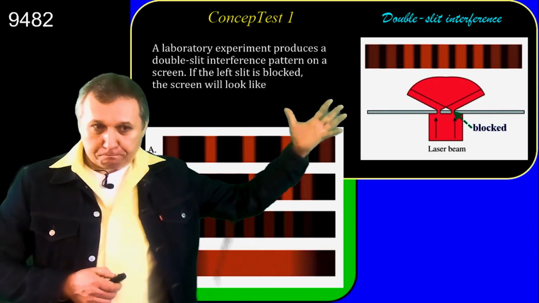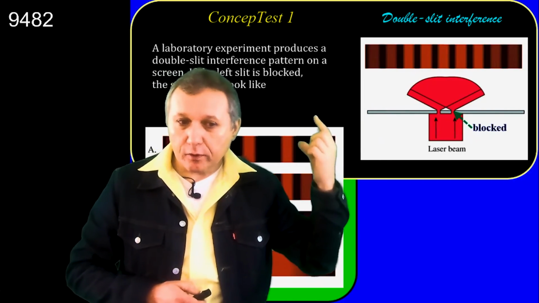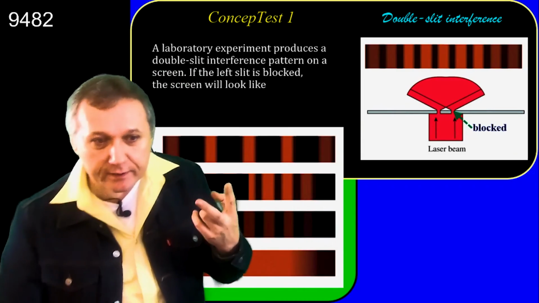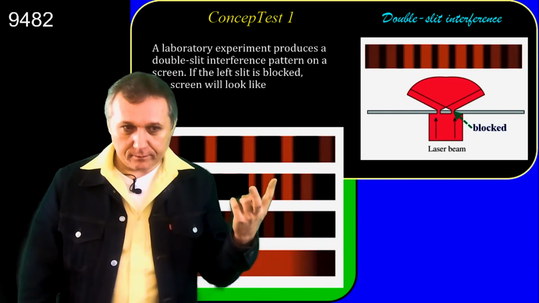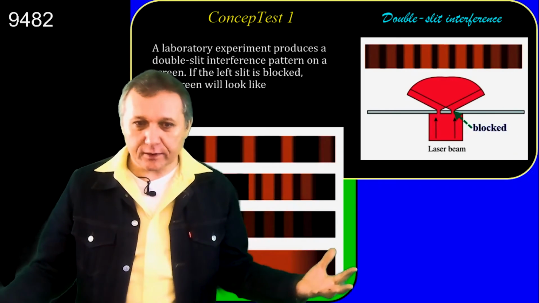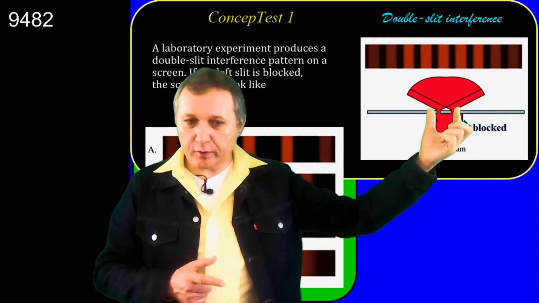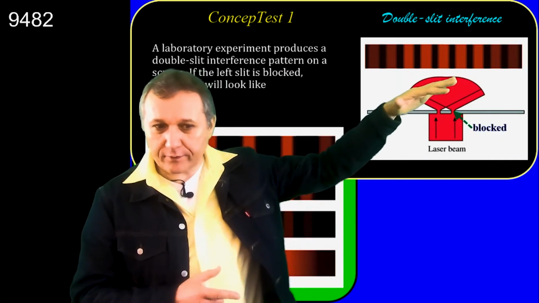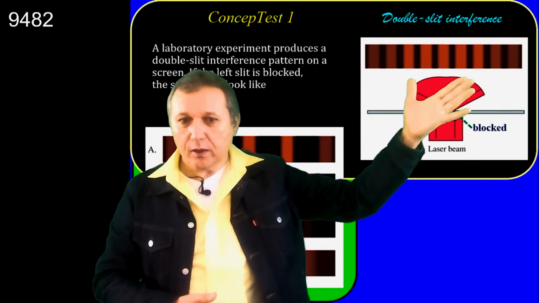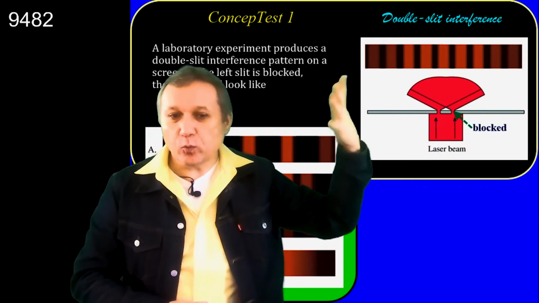Look, we see this interference pattern because of interference. Interference is possible only when you have at least two waves. Of course, you can have interference with more than two waves, but at least two. When you have two slits open, you have two circular waves overlapping, interfering, giving us this pattern. Once you block one slit, one wave will disappear.